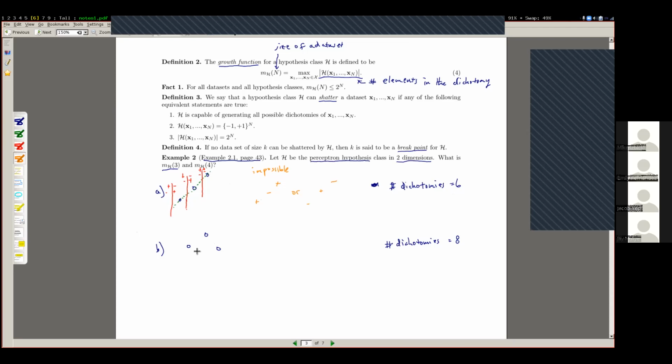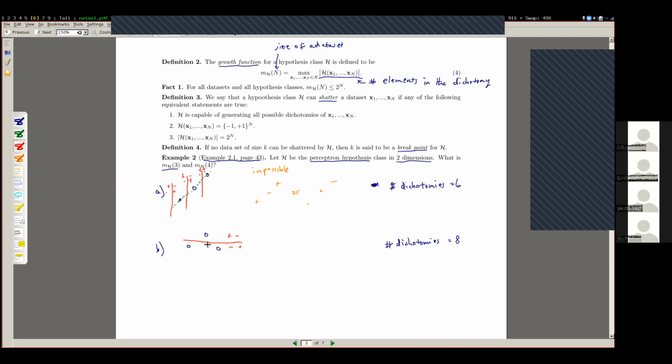The next example where we were left off is this triangle example. And now here, because this middle point is somehow lifted off of this line, it's possible for me to draw a line that separates that, something like this, which would make that middle one different than these other 2 in some way. And so now it's possible for me to label these all in whatever possible combination of plus and minus that I want.